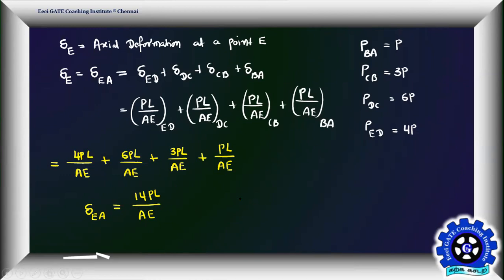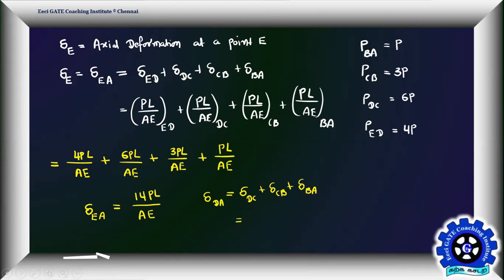So now tell me delta D, delta DA. What is delta DA? Delta DC plus delta CB plus delta BA, how much will you get?